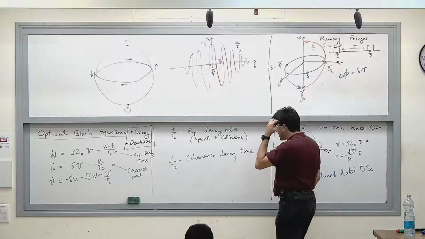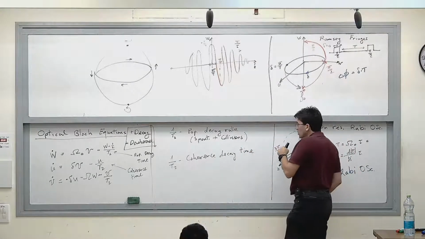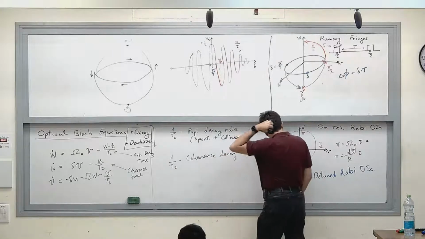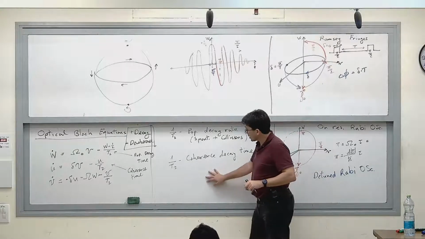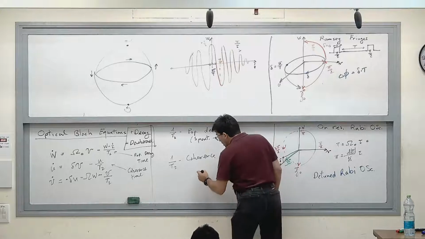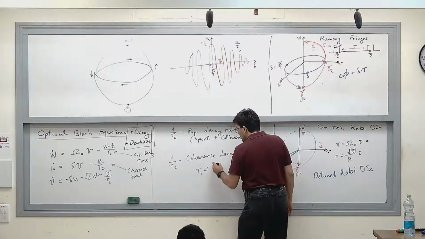Now let's understand what can cause this. One thing that I have to say is that, first of all, T2 is always less than T1.